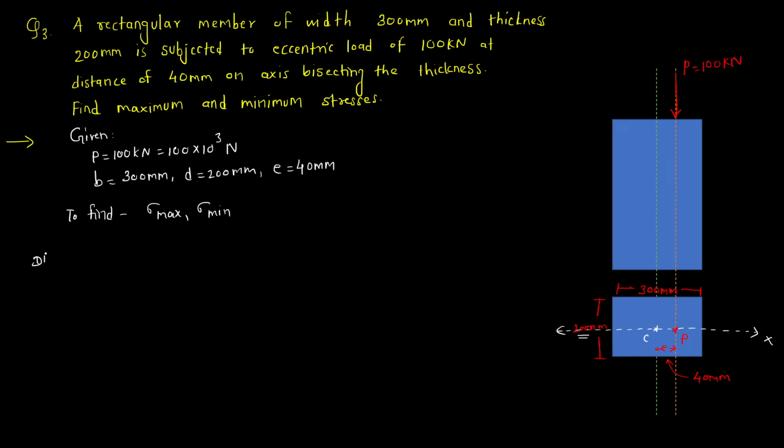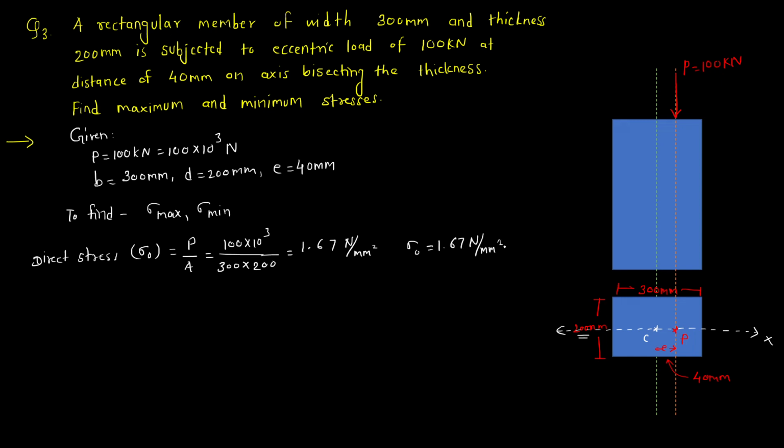So first we'll find out direct stress, sigma 0 equals P divided by A. So 100 into 10 to the power 3 divided by 300 into 200. So this will be 1.67 Newton per mm square. So sigma 0 is 1.67 Newton per mm square.